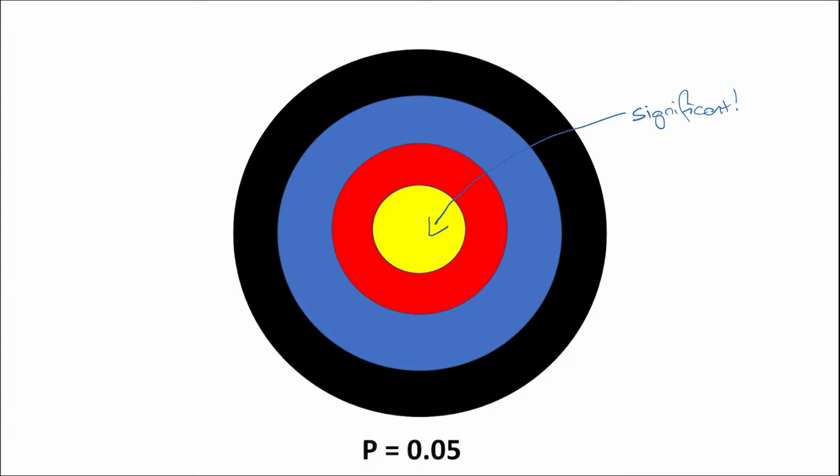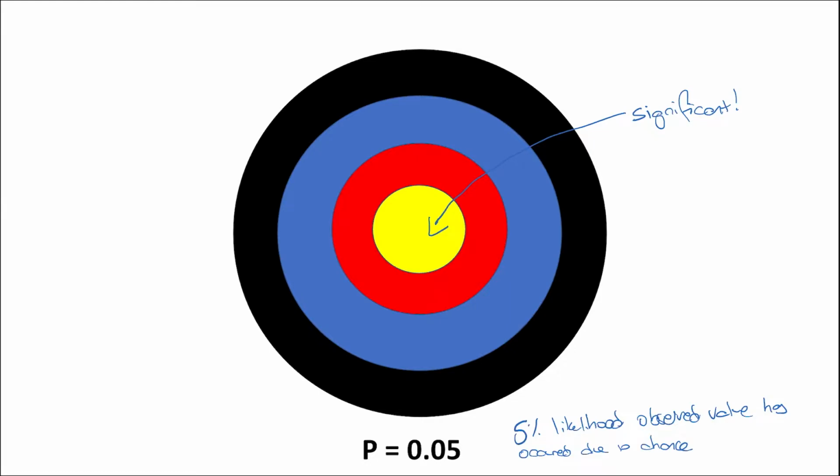So this is saying that we're accepting a 5% likelihood that the observed value, i.e. the difference or the association, has occurred due to chance.